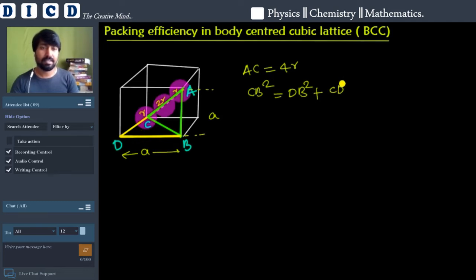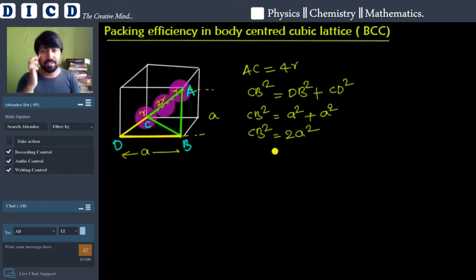DB square is A square, plus CD square, this length is A again, that is A square. Therefore CB square is equal to 2A square. Okay, now we move to the next part.